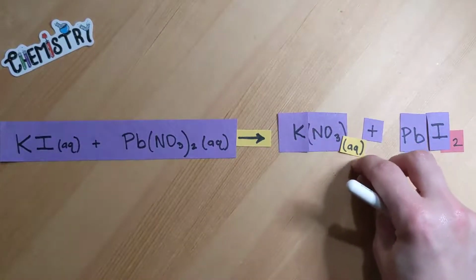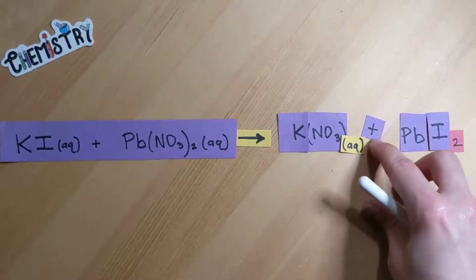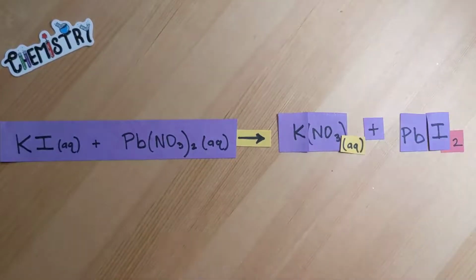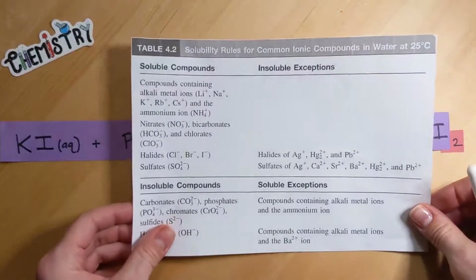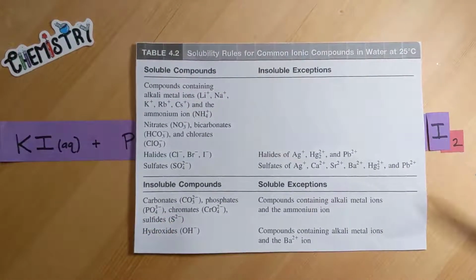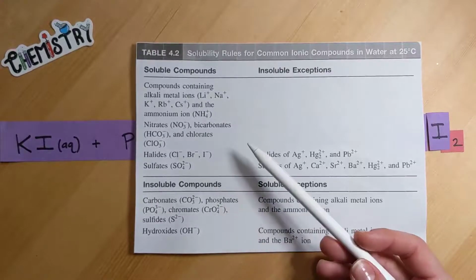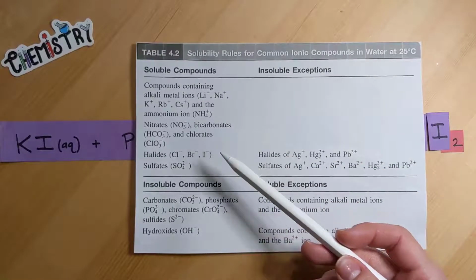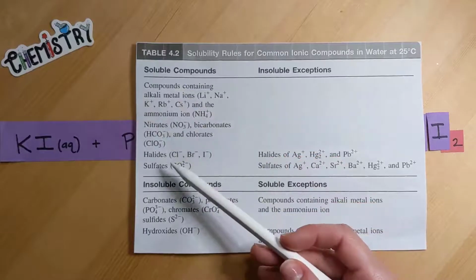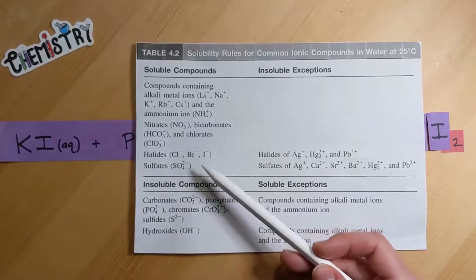Okay, now let's look at PbI2. Again, we're going to be looking at this negative ion. So let's find where the iodine ion would be. Again, I see that listed under soluble halides. We have I right here.